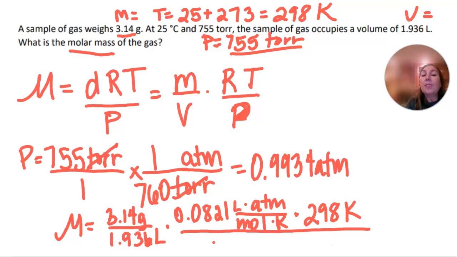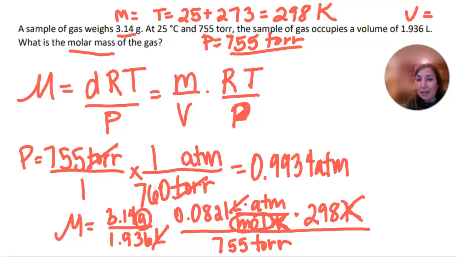But let's just say I was writing 755 torr. If I was sitting here writing 755 torr, because that's a really common issue, I would go, okay, liters cancel with liters. Kelvin cancels with Kelvin. Okay, those are gone. Gosh, a density is going to be grams per mole. Great. Okay, ATMs cancel with torr?